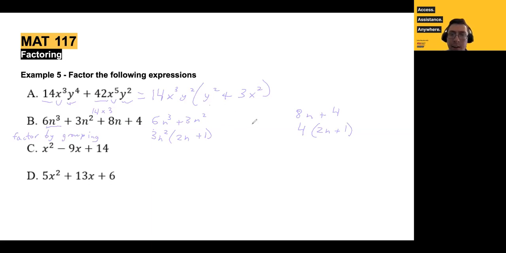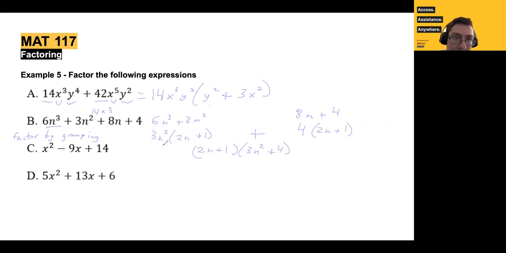And so the way we combine these is that we factor 2n plus 1 out of both of these things. So then the 3n squared plus 4 is common to both. So that's how we would factor that one.